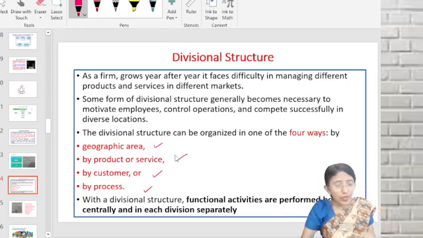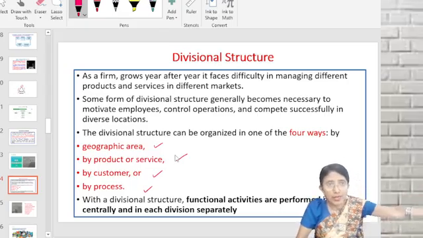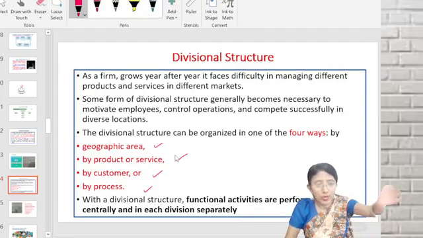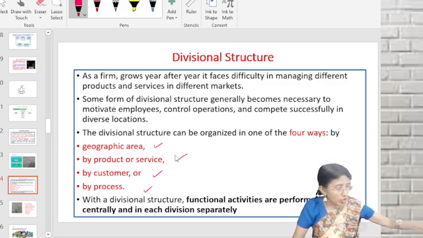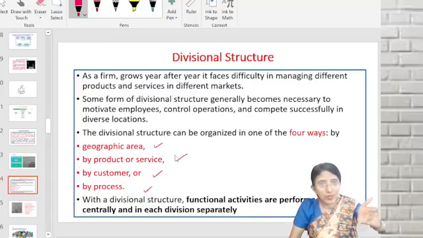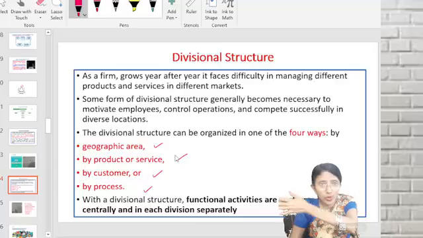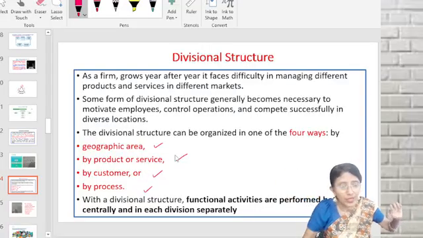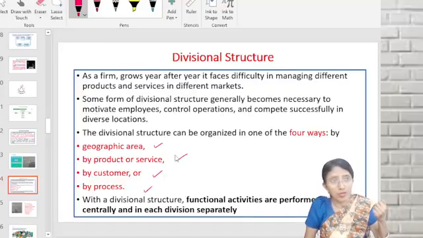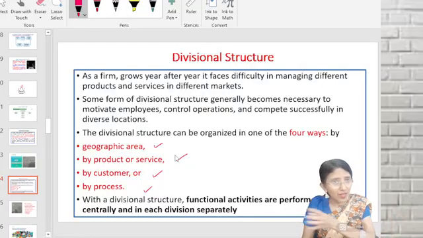Please remember, when you divide based on areas: urban, suburban, rural. Product: chemicals, plastics, whatever it is. Customer: domestic customer, wholesale customer, retail customer, export customer, foreign customer. Process: if you take any activity, a process is there. Say for example, cloth: weaving, ginning, spinning, dyeing, all these are there.